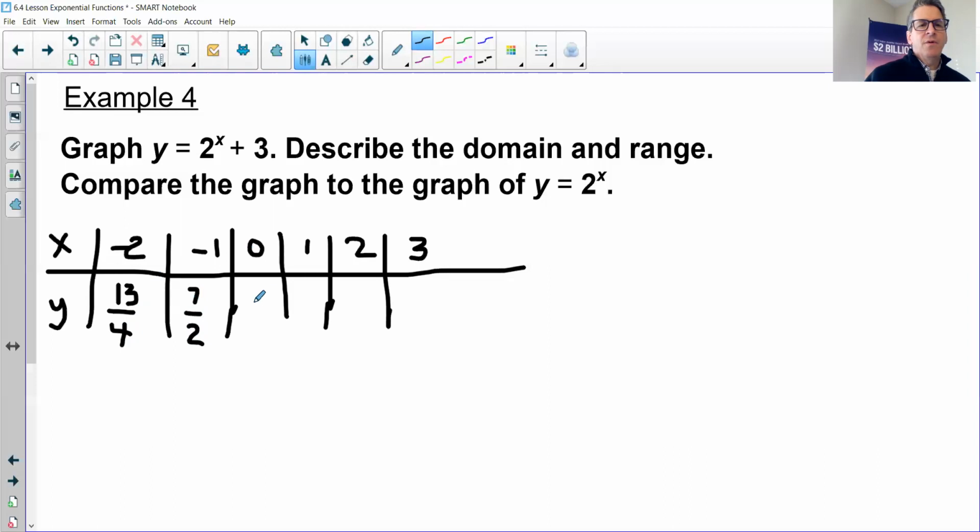At 0, I would have 4. At 1, I would have 5. At 2, I would have 7. At 3, I would have 11.